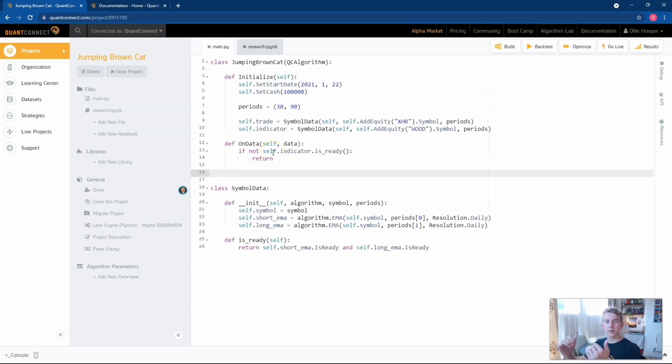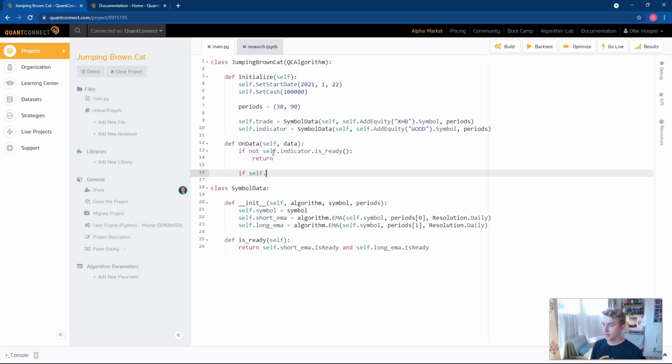Okay, so once we're past this point, we know that our indicator is ready for both the short and the long EMA. As I mentioned before, the strategy that we're going to be using is if the short EMA is above the long EMA, we're going to be long, and if it's below, then we're going to be short. So that simplifies things quite a lot.